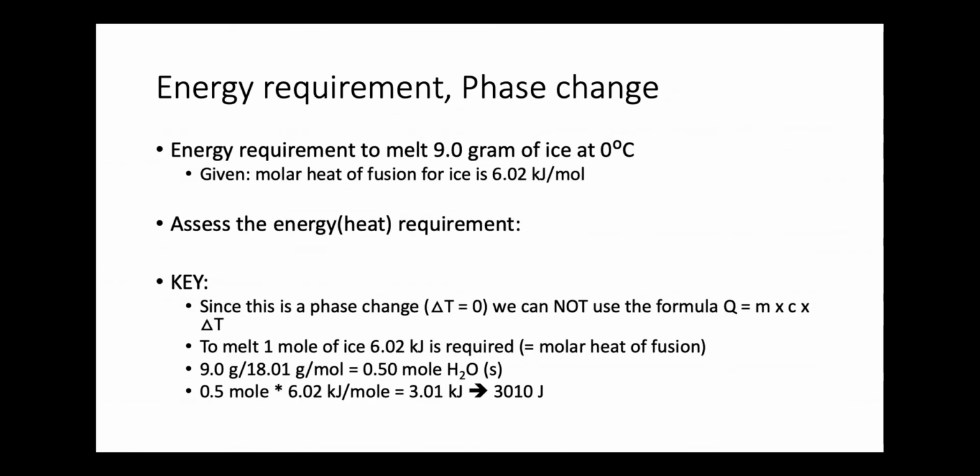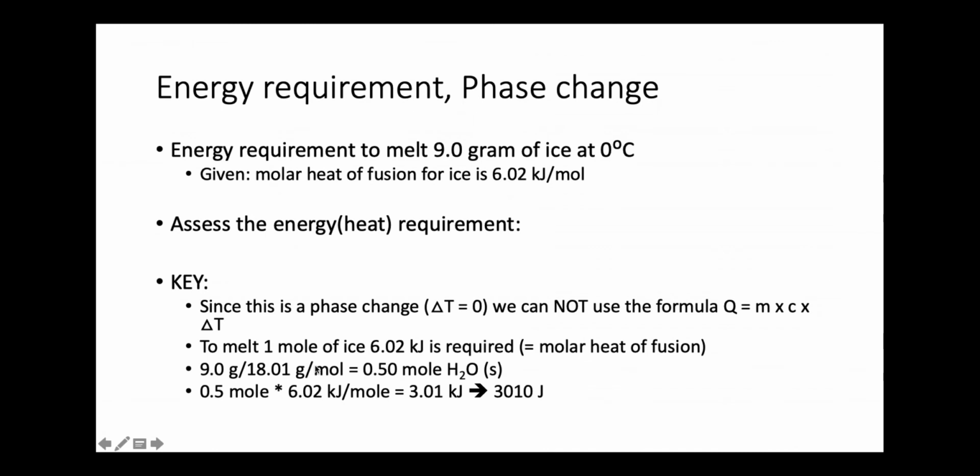But now, I have 9 grams of ice at 0 Celsius, and I'm going to melt all these 9 grams. I give you the information that the molar heat of fusion for ice is 6.02 kilojoule per mole. We cannot use the formula because delta T is 0, because it melts at 0 Celsius. The temperature is not going to increase during melting. But I know to melt 1 mole of ice, I need 6.02 kilojoules of energy. But do I have 1 mole? No, I don't, but I know I have 9 grams.